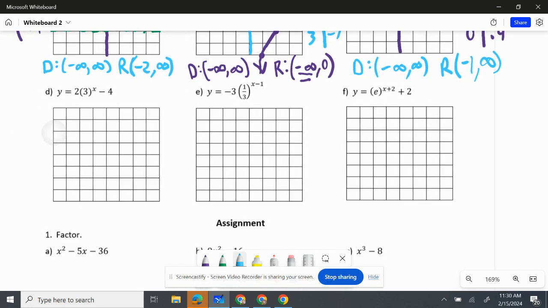Now, looking at these next ones, we see that this first one is growth because 3 is greater than 1. We see a constant value at -4, so our horizontal asymptote is y is equal to -4.